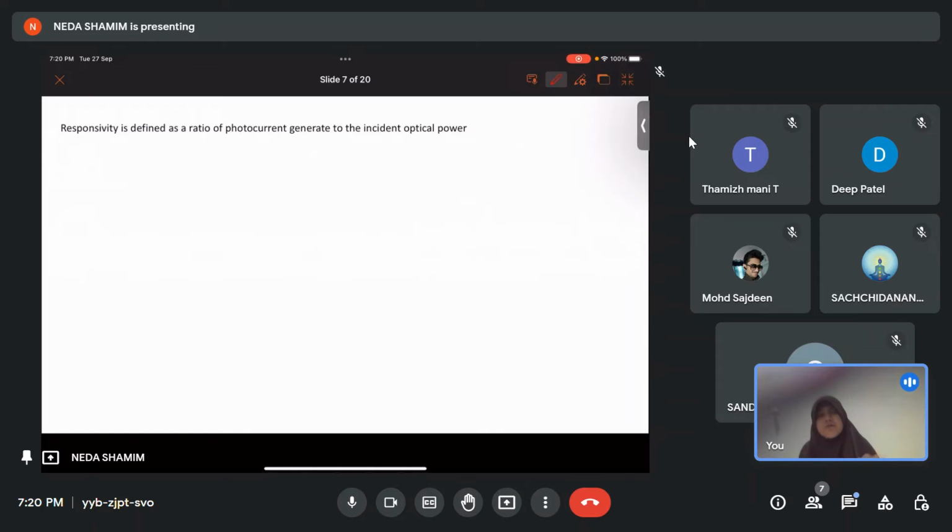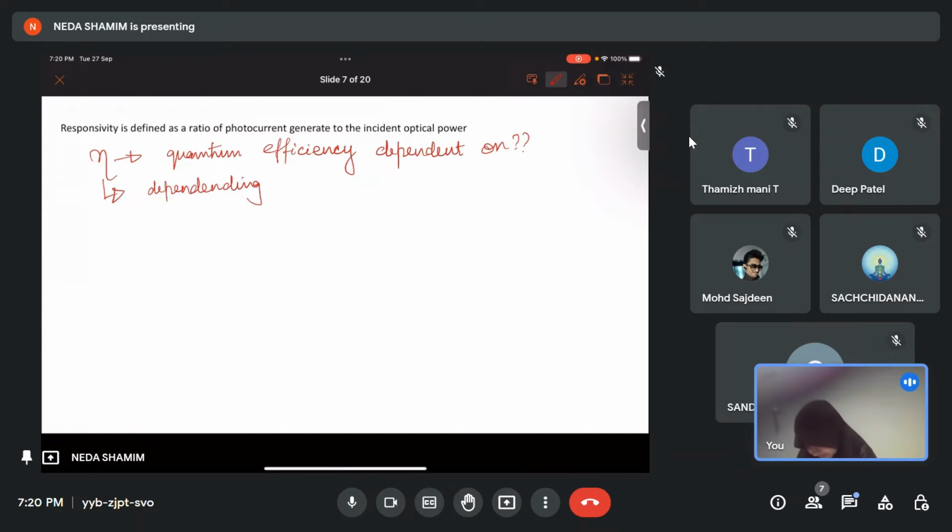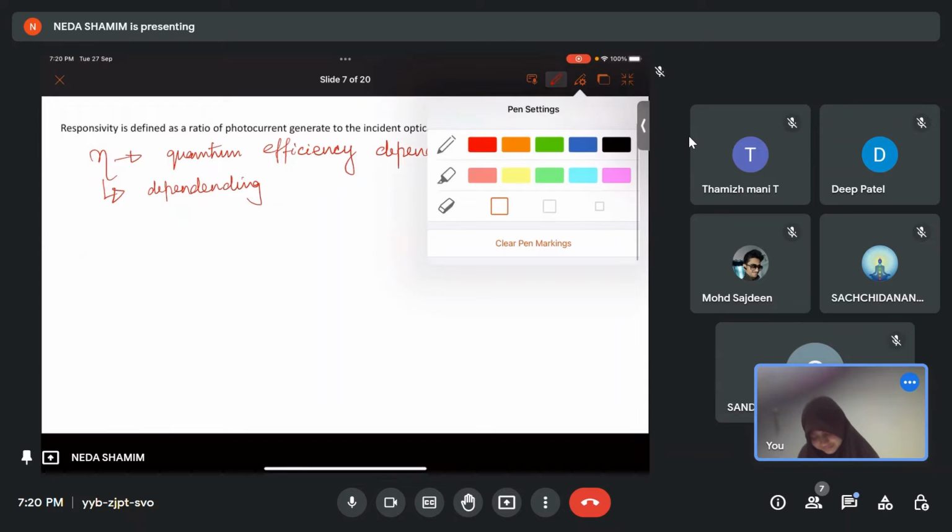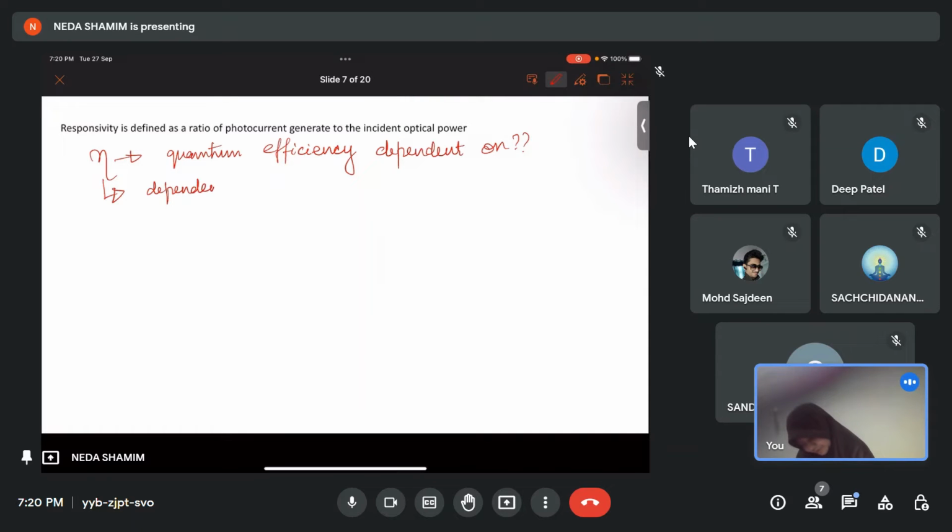But now, what is this quantum efficiency dependent on? Can anyone tell me? I'll tell you. It will be dependent on the absorption coefficient alpha, that is, how much light is getting absorbed by my device.